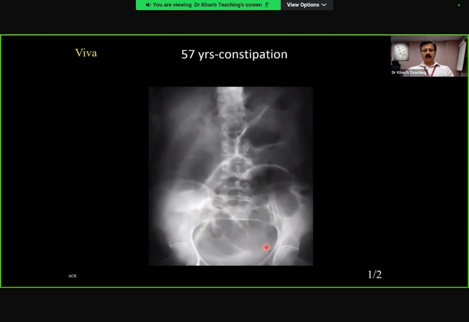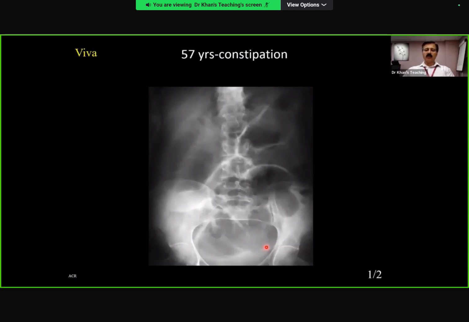I think these findings are concerning for sigmoid volvulus. Okay, but why did you say sigmoid volvulus? Because please remember, in sigmoid volvulus, the margins will be without haustra. There are very limited haustra, 1 or 2, in the sigmoid, and when it is dilated, even those are not seen.